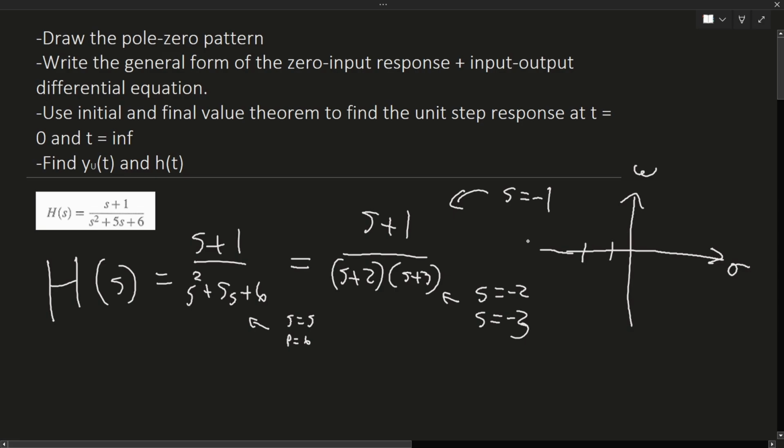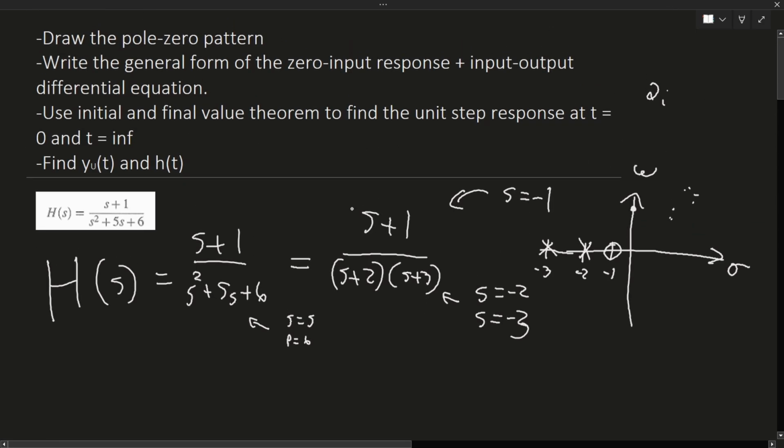So since all of our numbers are real numbers, we can write -1, -2, -3. For your poles, you draw an X, and for your zero, you draw a circle, okay? Super easy. If you have complex numbers, some of your numbers are going to be here, but if it's something like 2i, for example, it's going to be somewhere over here.